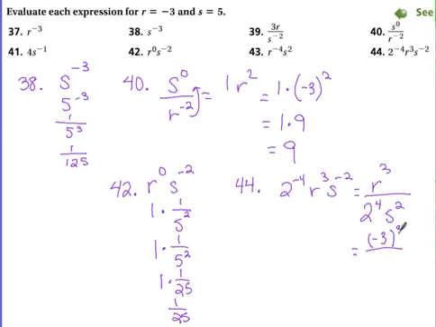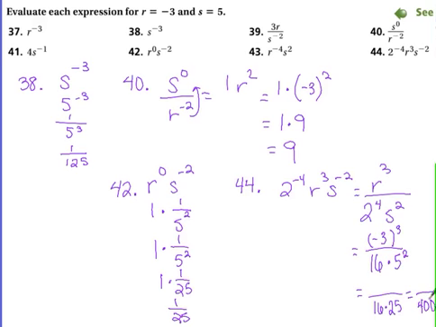We're going to cube that. 2 to the 4th, 2 times 2 is 4. 4 times 2 is 8. 8 times 2 is 16. And then we're going to multiply that by s squared. Well, s is 5, and 5 squared is 25. So on the bottom, we have 16 times 25. Okay, take a moment, figure out what 16 times 25 is. That's 400. So on the bottom, we get 400.